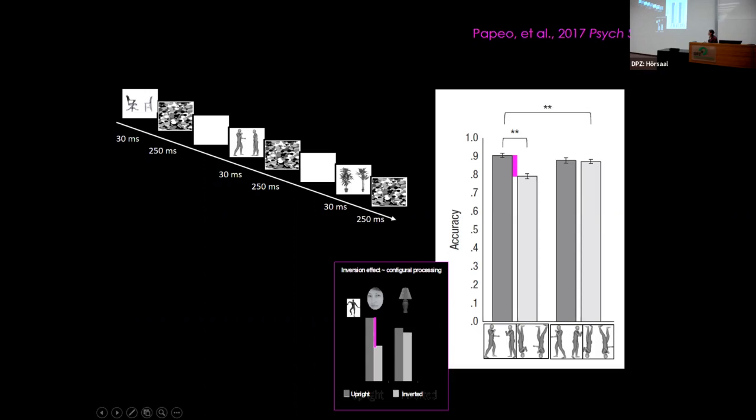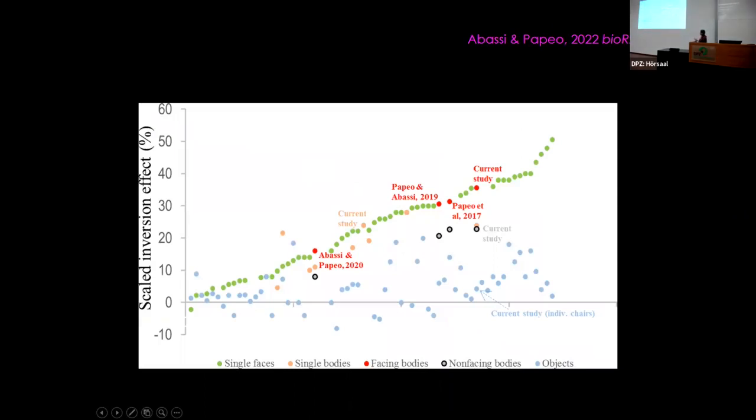By analogy with the interpretation of the face inversion effect, we took this as an indication of a particular visual sensitivity to facing bodies, seemingly interacting bodies. We have replicated this phenomenon in a number of studies. The magnitude of the inversion effect that we observe for facing bodies is comparable to the inversion effect that is typically found for faces, in green here. So it's actually the maximal magnitude of inversion effects ever reported in the literature.